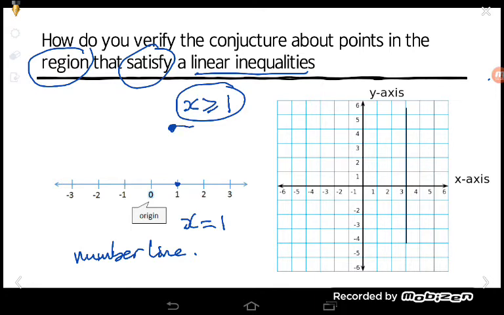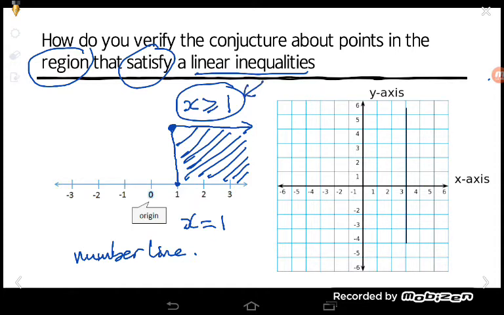So the region will be on the right here, and all this region satisfies these linear inequalities. Of course, if you have 1 here, of course it's more than 1. Every point you put here will be more than 1.